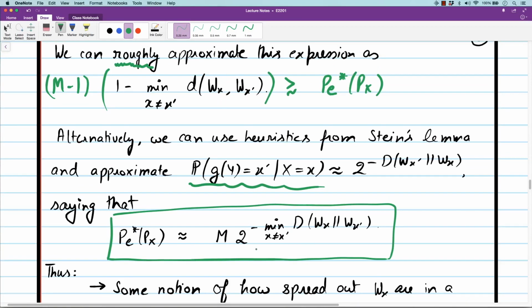The second brings out 2 to the power minus minimum divergence. That's roughly the handle. So pairwise probabilities of error are handled by these distances, and minimum because the worst case binary hypothesis testing problem determines the difficulty of the M-ary hypothesis testing problem. That's what we have heuristically argued.